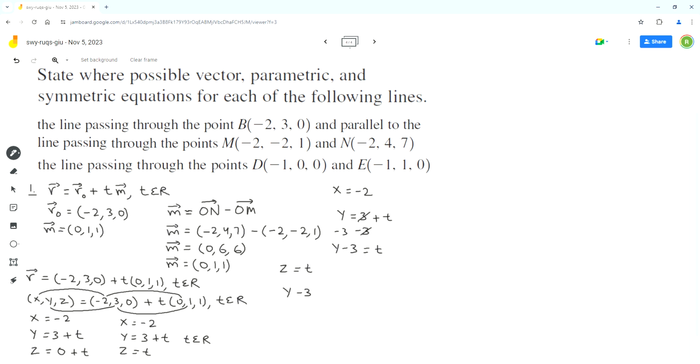The denominator will be 1. For the z part, the denominator will be 1. And for x part, we'll just write x equals -2. So this is the symmetric equation for the first line. Now we can analyze the second line.